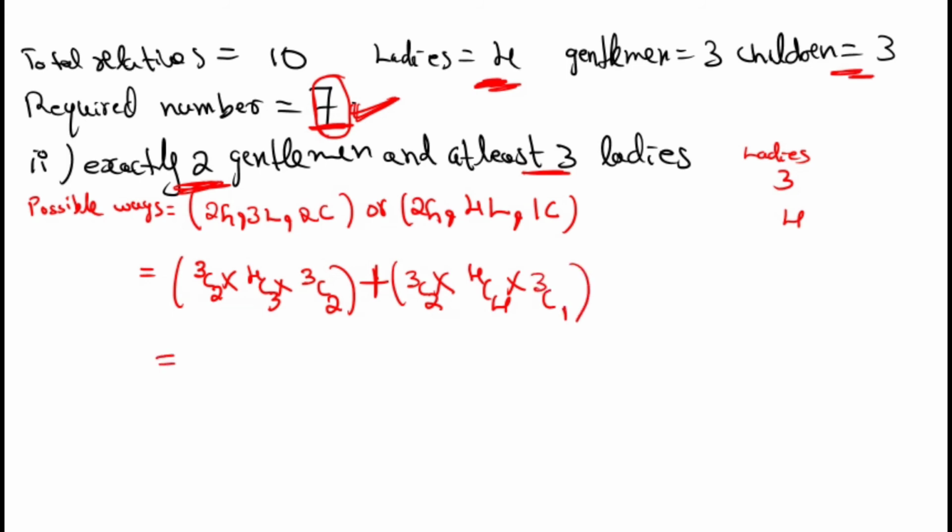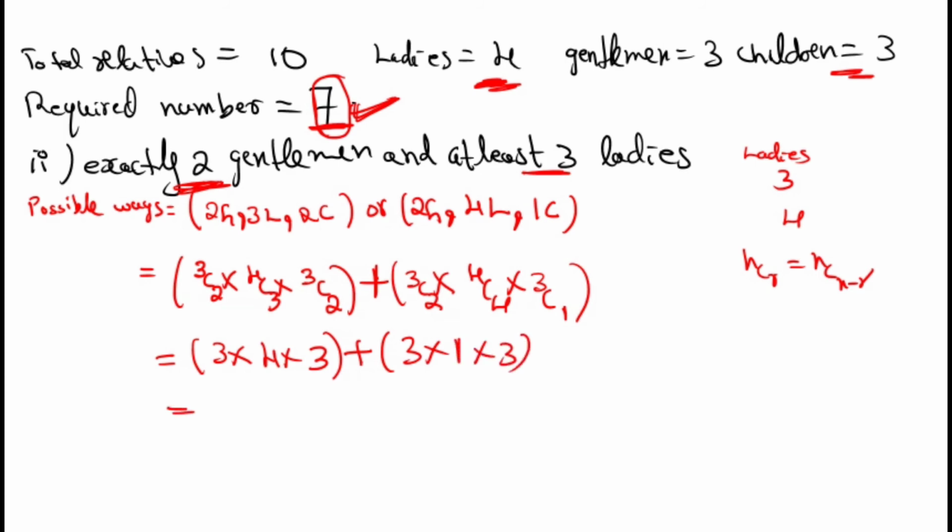Now simplify this one. Here see 3C2 value is equal to 3C1, so 3 into 4C3, whose value equals 4C1. Why? Because nCr is equal to nC(n minus r). So 4C3 you can write as 4C1, it's 4. 3C2 its value is equal to 3C1, it is 3, plus 3C2 value is equal to 3. 4C4 value is equal to 1. 3C1 value is equal to 3.